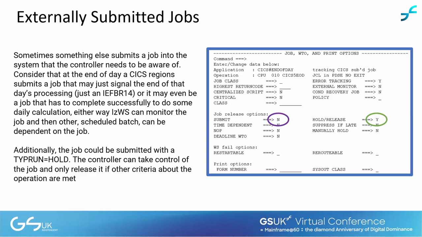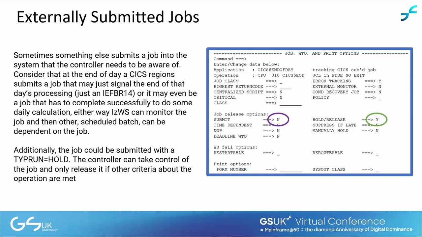Here I've called it Kix 5 end of day, EOD. And the submit flag has been set to N instead of Y. And that means that IzWS knows it doesn't actually submit this job, so it's going to be looking to track it from outside.